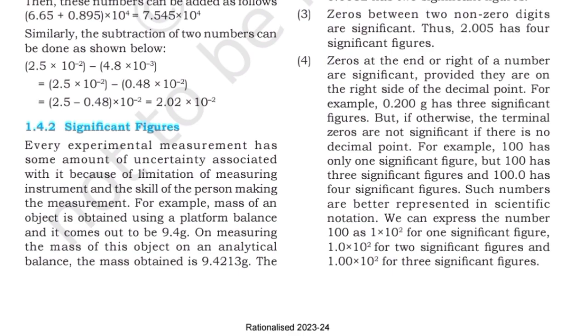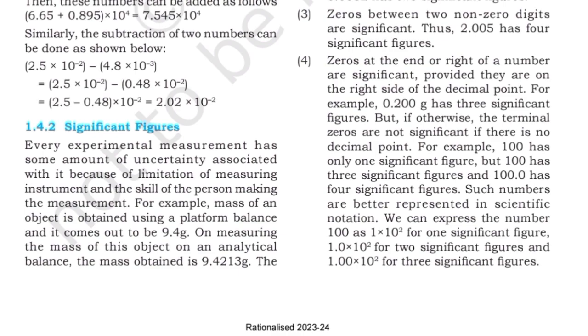If there is no decimal point, for example, 100 has only one significant figure, but 100. has 3 significant figures, and 100.0 has 4 significant figures.